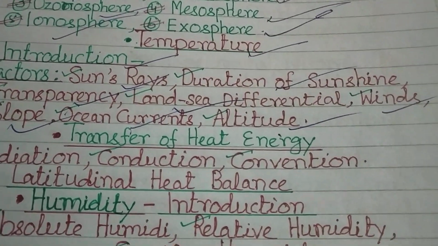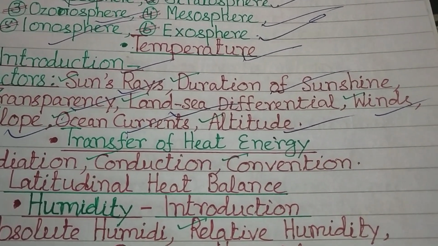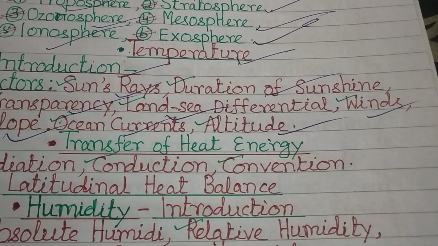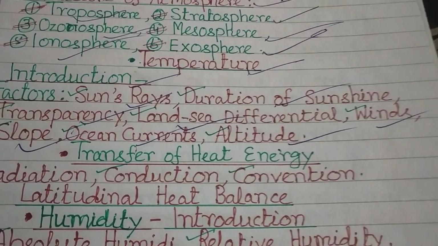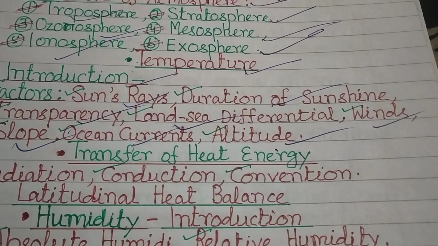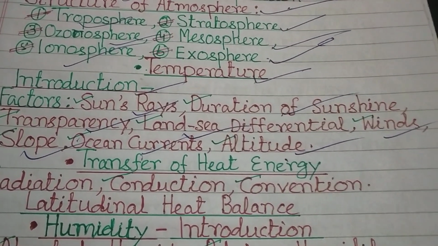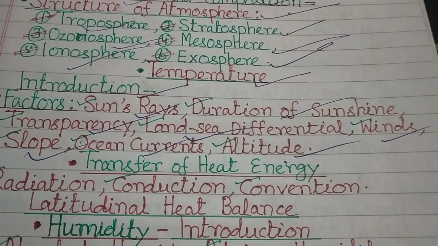And the third important factor relates to the transparency of the atmosphere. The amount of cloud cover and its thickness, dust and water vapor, which determine the transparency of the atmosphere, affect the reflection, absorption and transmission of solar radiation.